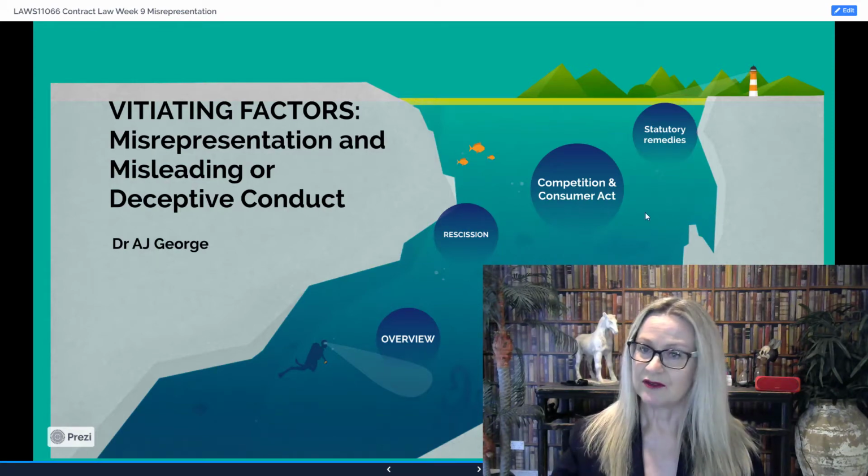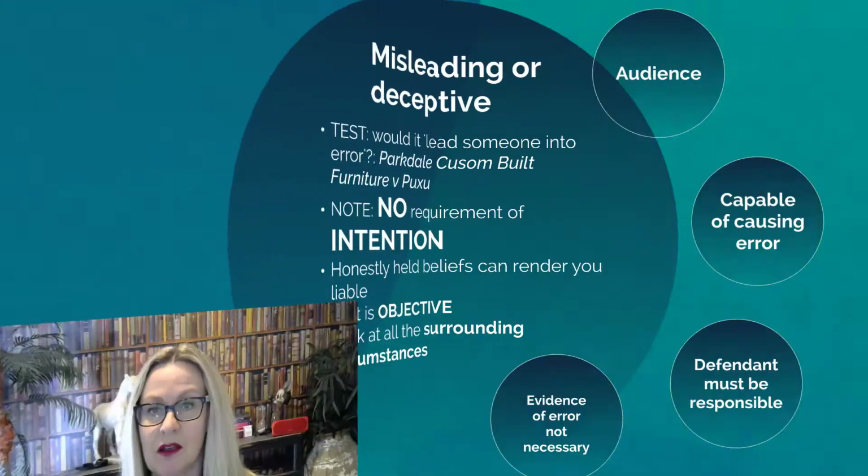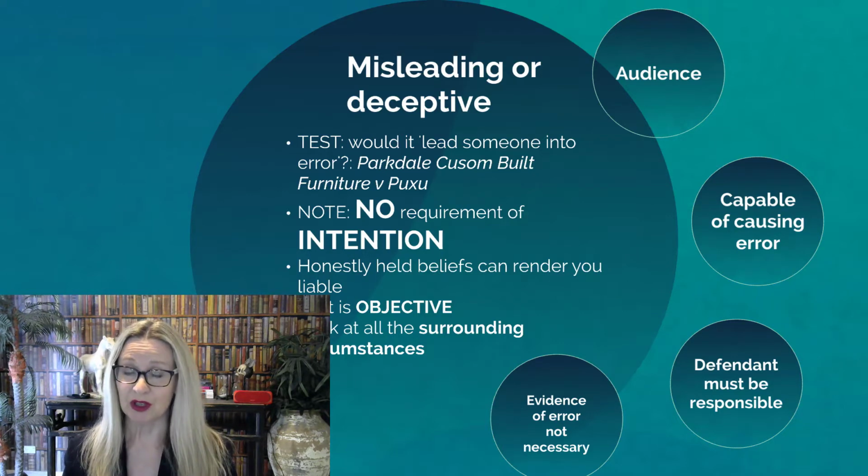So without further ado, let's jump into where we were up to, which is the requirement that the conduct either mislead or deceive or be likely to mislead or deceive. And the test for that one, rather simply, is whether it would lead someone into error. And that's the Parkdale case, which we'll discuss in just a moment.